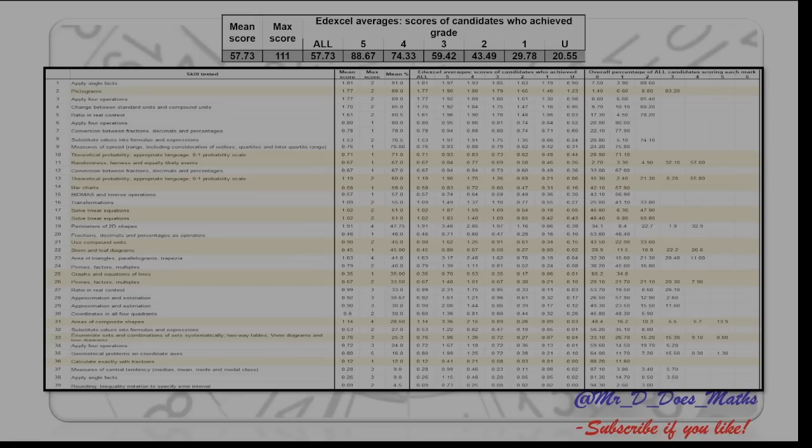If anyone's particularly curious, the beige questions are parts of questions. So the pictogram was obviously more than one part, and it was arranged by the harder of those elements. So the maximum score here doesn't actually match 111 because I've taken out the bits of questions.